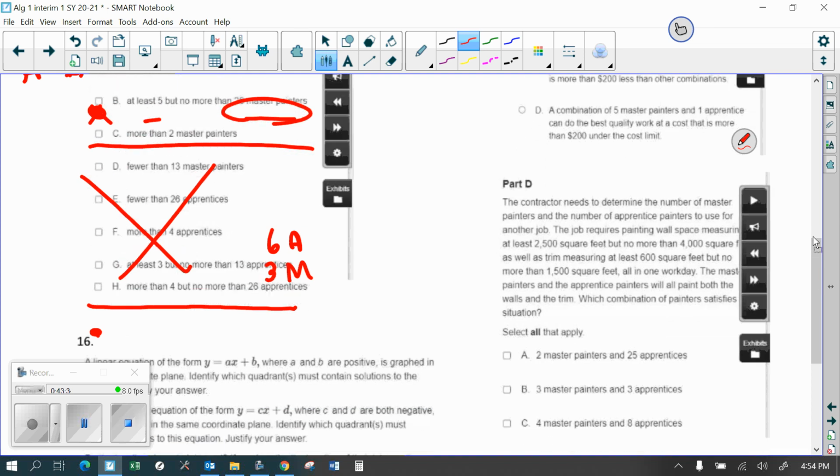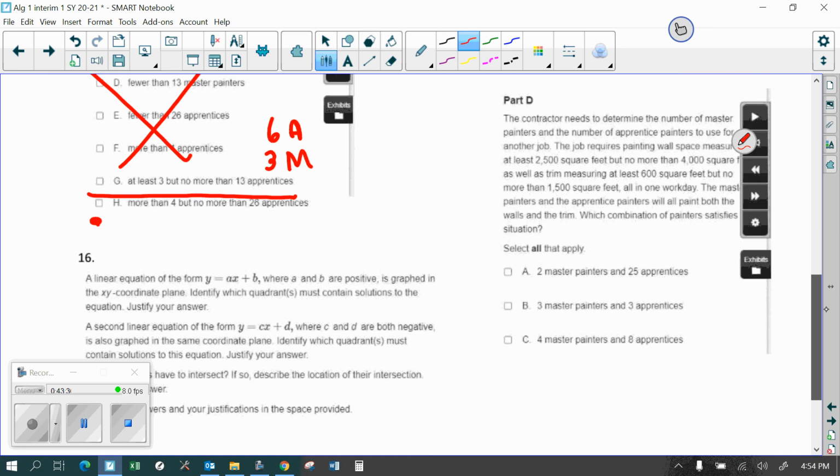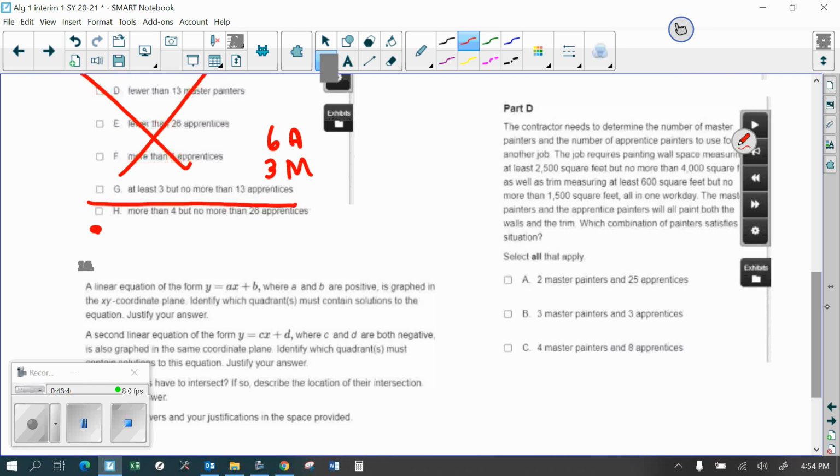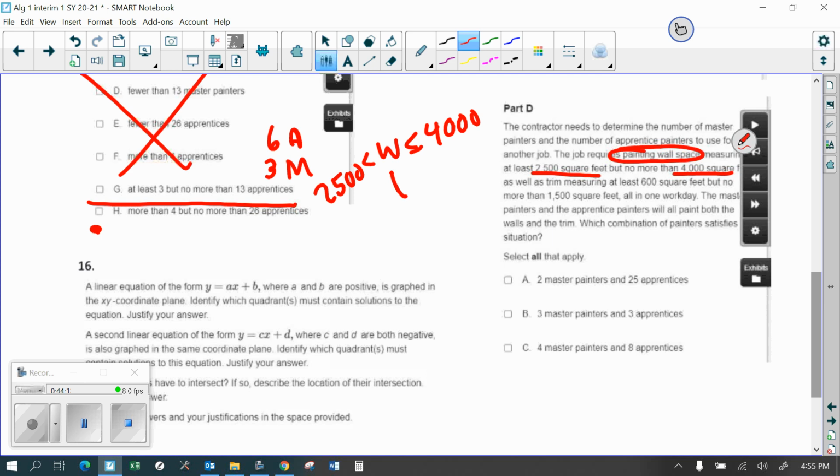Part D now. Oops. The contractor needs to determine the number of master painters and the number of apprentice painters to use for another job. The job requires painting wall space measuring at least 2,500 square feet, but no more than 4,000 square feet, as well as trim measuring at least 600 feet, but no more than 1,500.